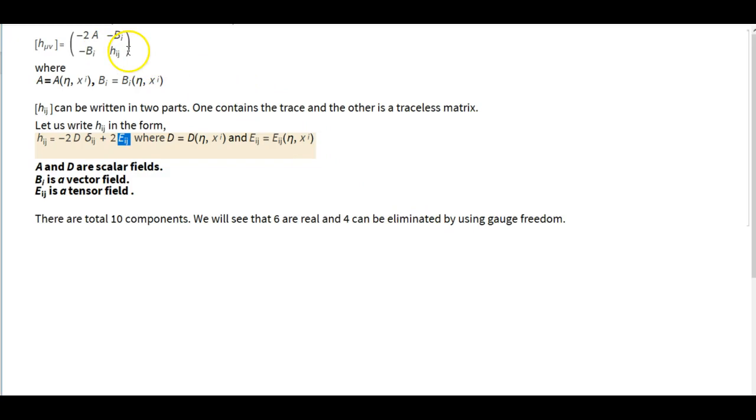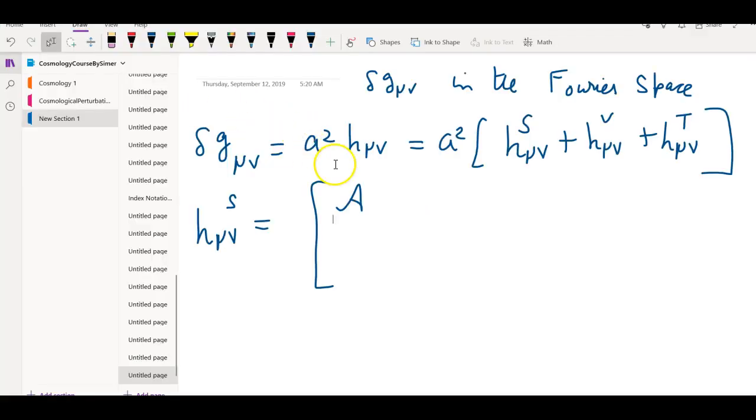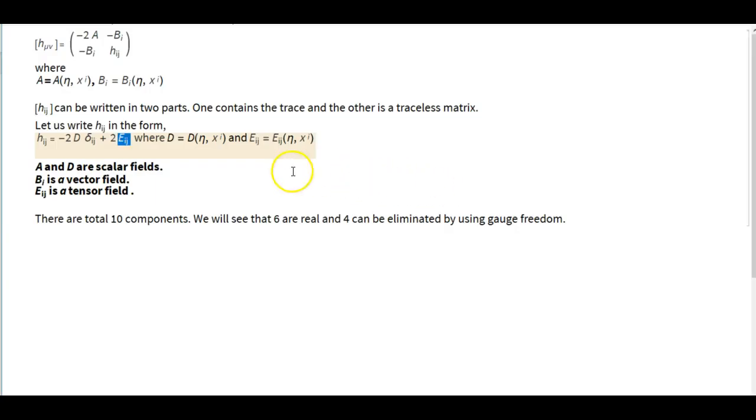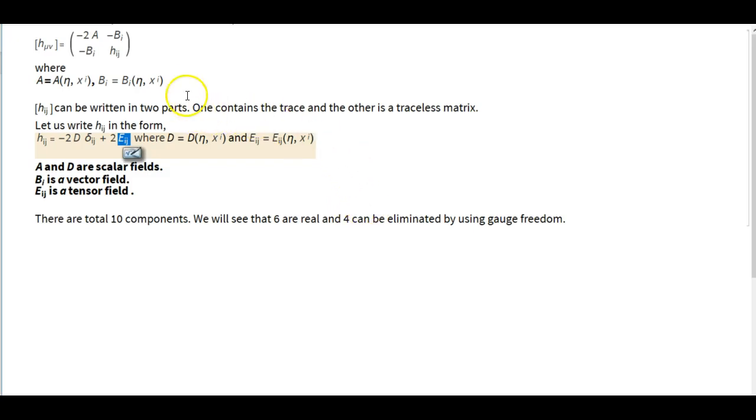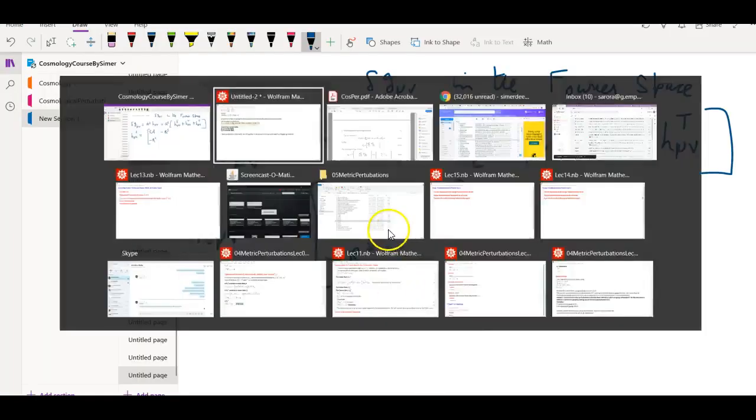We have minus 2a minus bi, so we have minus 2a and then minus bi. Minus bi means minus bi scalar, and then we have hij scalar.